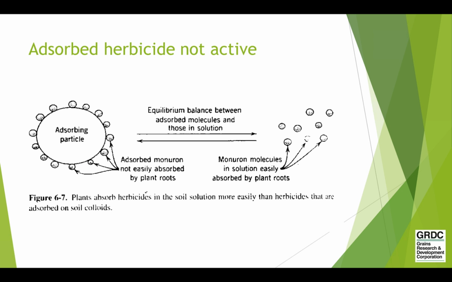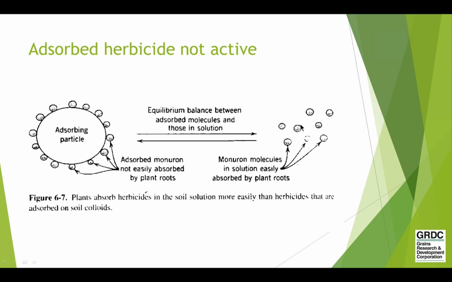So if we look at a model of a soil, this adsorbing particle, and a herbicide, the herbicide that's applied to the soil and what's in the soil solution will reach an equilibrium between how much of the herbicide is bound to the soil and how much of the herbicide is free in the soil.